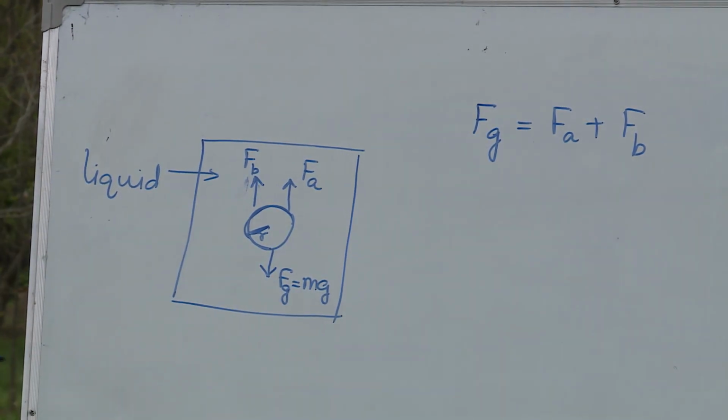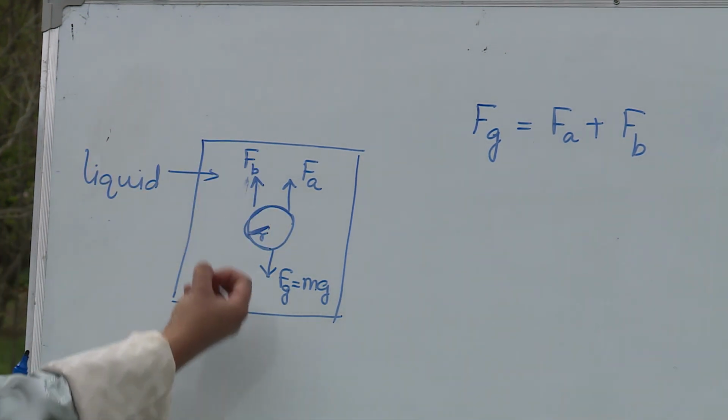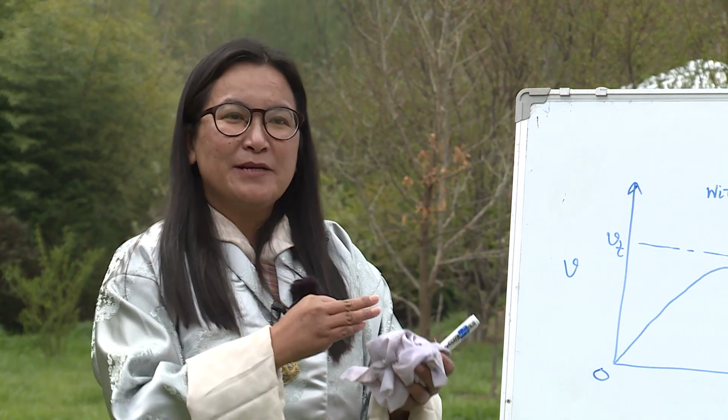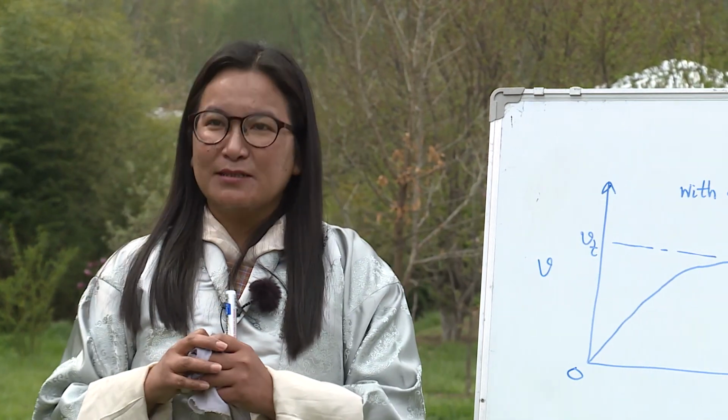So now you can see there are three forces acting on the body, one downward, two upward. Now let's see what will be the terminal velocity this time.